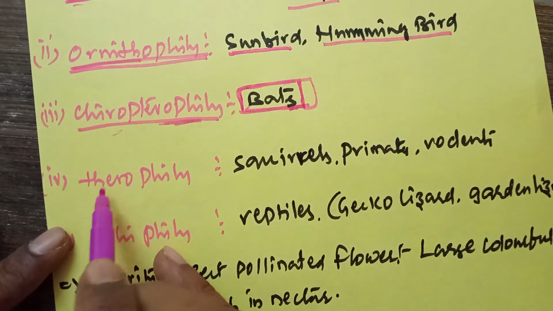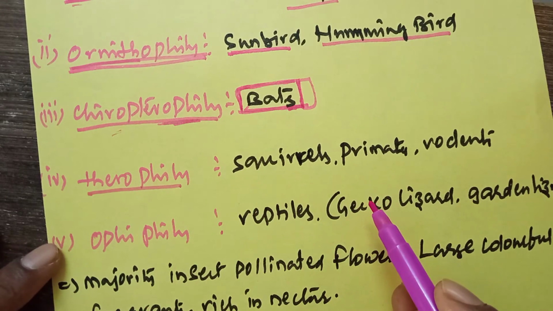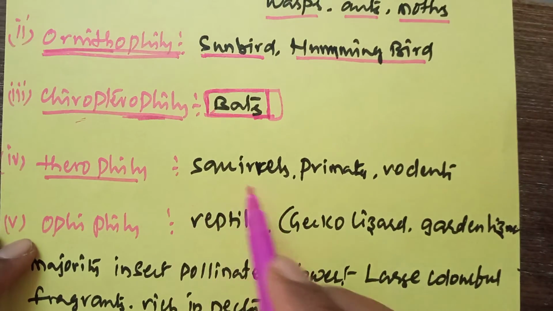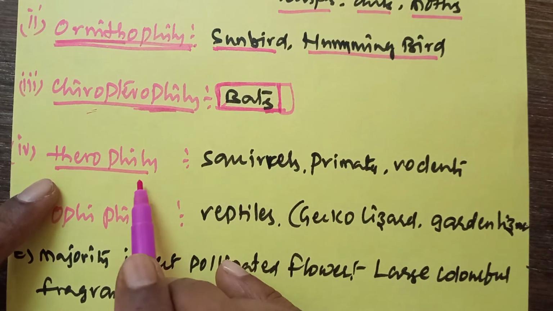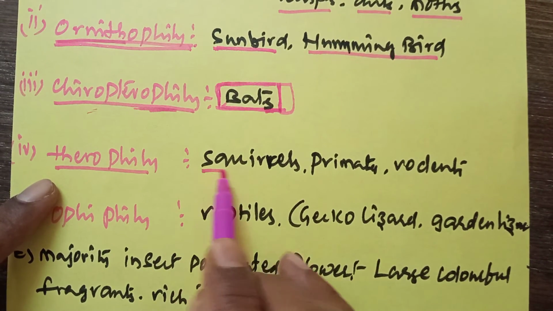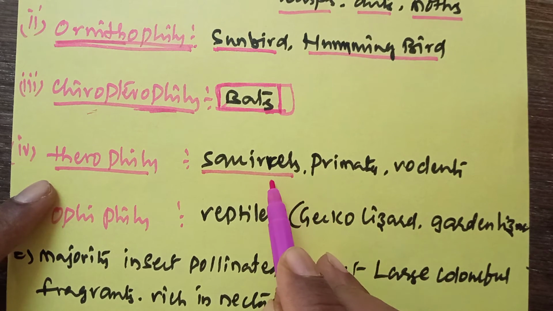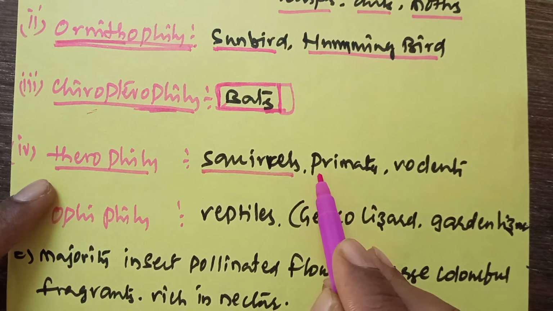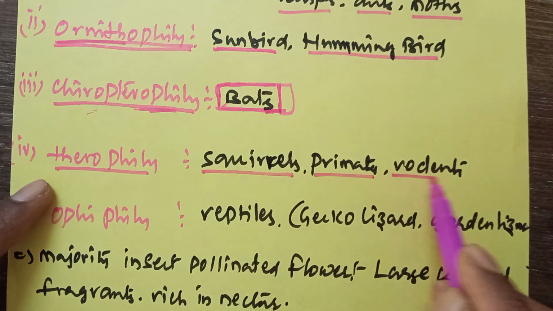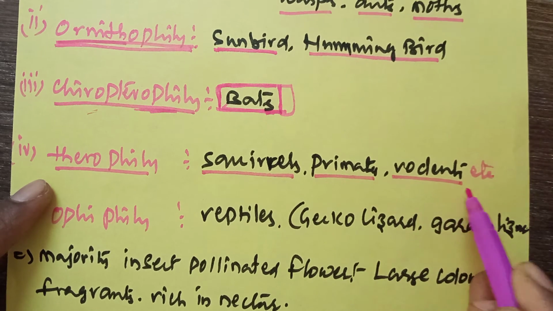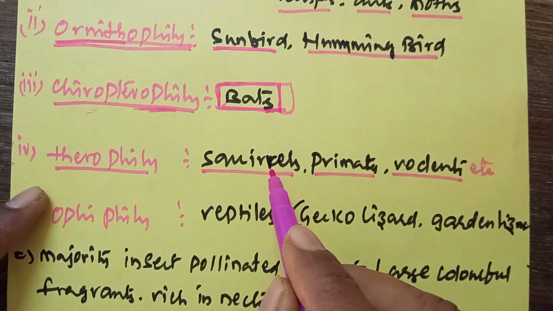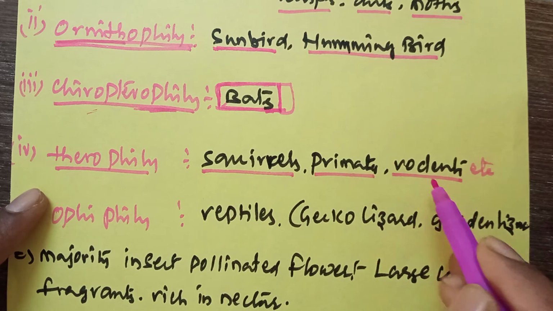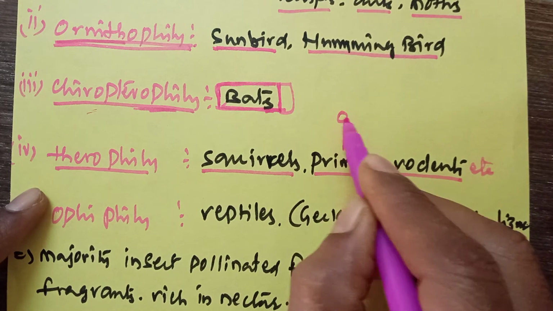Now come to another type of zoophily, or biotic agent, that is therophily. Therophily means that different types of animals like squirrels, primates and rodents participate to transport pollen grains from the anther to the stigma.